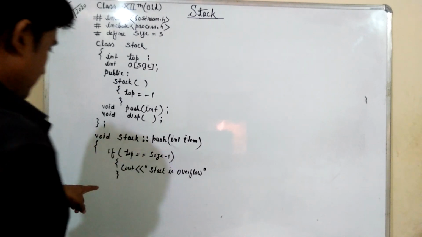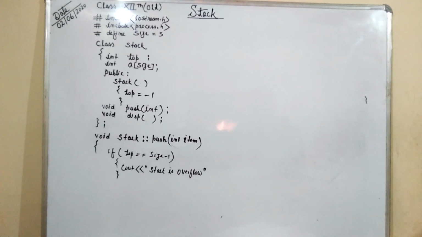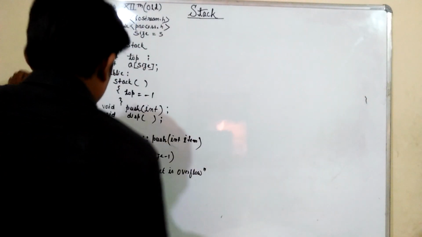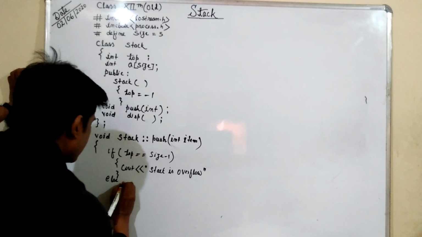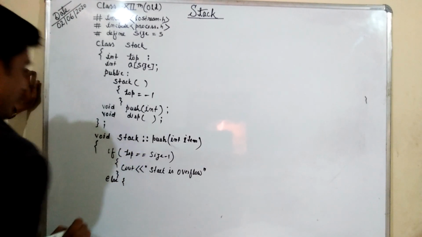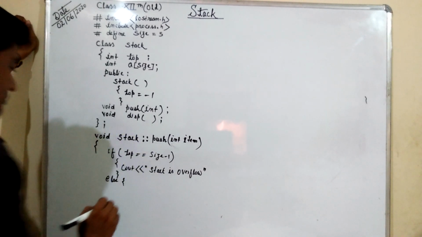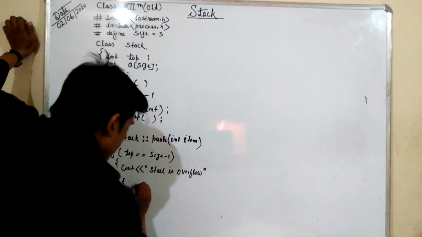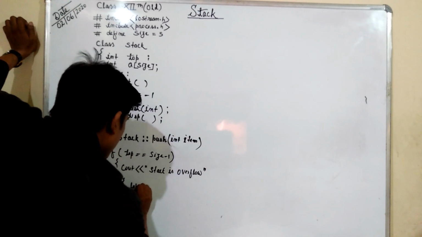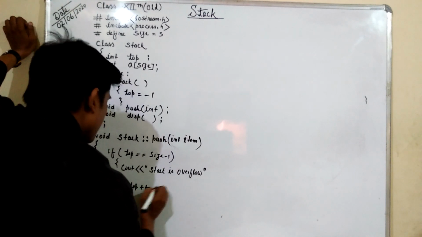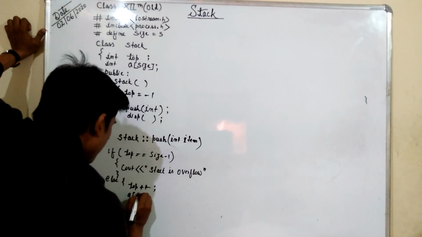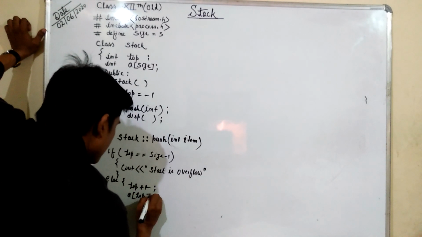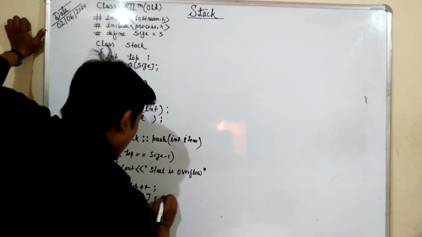Now we are going to use the else part. Only use the else part, and here we are going to use just top plus plus, put the semicolon, and here, students, a top equal to item.